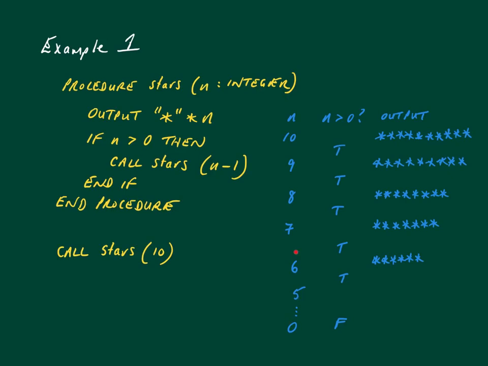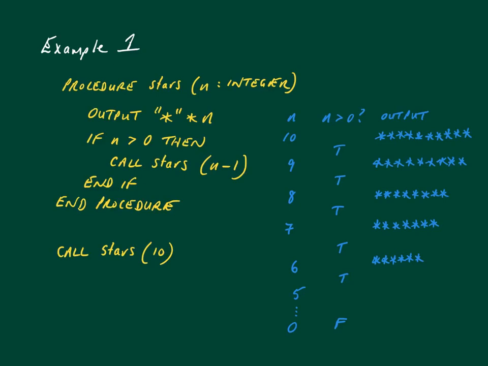So it's like we're going back up the trace table. So n becomes 1 and 2 and 3 and 4 and 5 and 6 and 7 and 8 and 9 and 10, but nothing happens because we're at the end of each of the procedures. And when we finally recurse back to 10, so stars 10, that procedure ends, and then we go back to the calling code, and that calling code has nothing else to do, and the program stops.